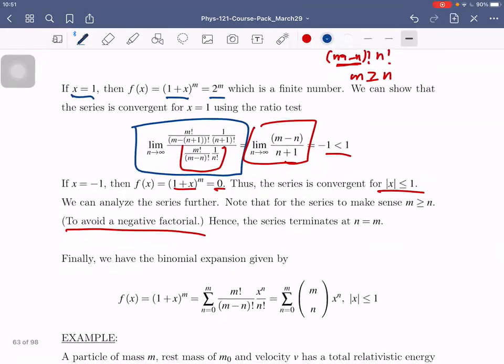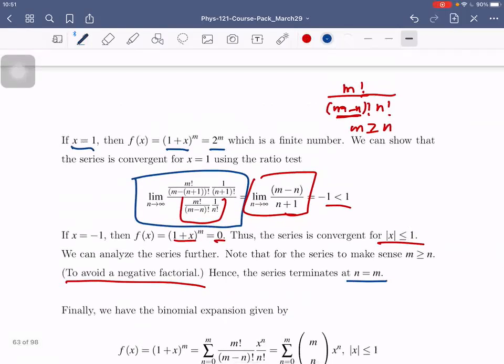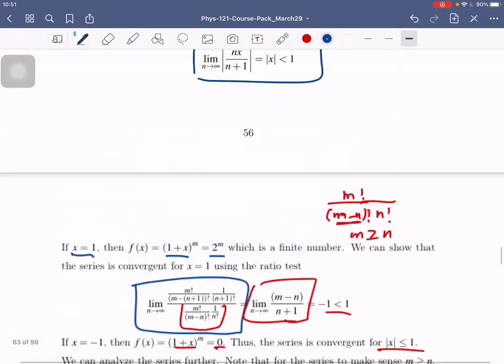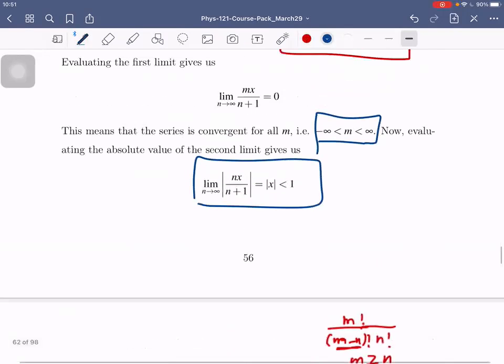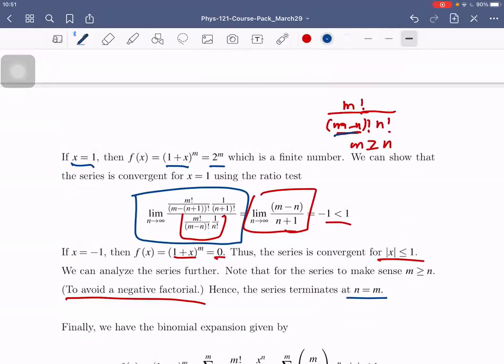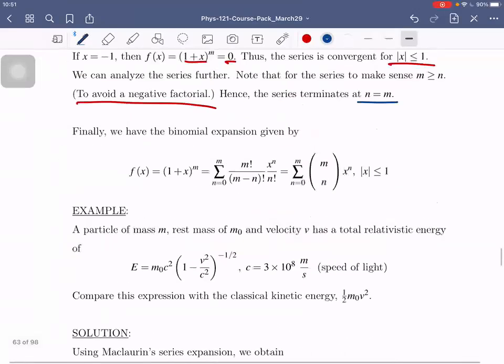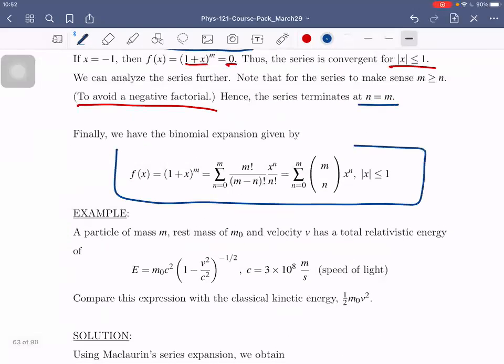So therefore, nagdeterminate yung series natin at n equals m. Tama? Kasi yung bounds natin, tandaan nyo, is n to infinity. However, we have shown na at n equals m, magsi-0, magdeterminate na yung series natin. So, ito na yung binomial expansion. So, pinakaiba lang naman niya, tinatala natin ito ng m instead of infinity. So, ito yung general expression niya.